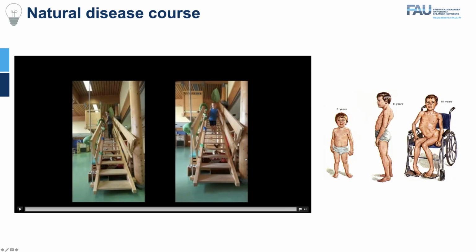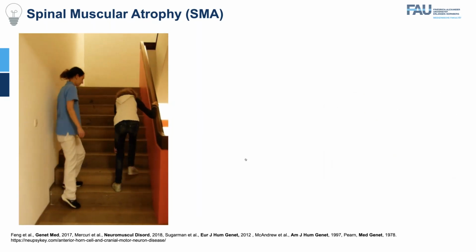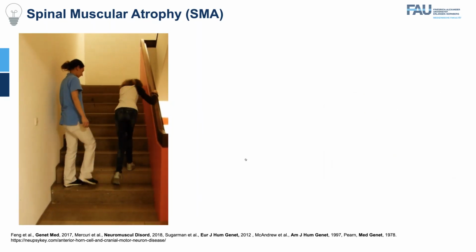He really requires much more time for this, and this is just an example of one test we are doing. But of course, this test is not doable anymore in higher ages, because they become wheelchair bound at a specific age, and then you have to adapt your tests to this physical state.